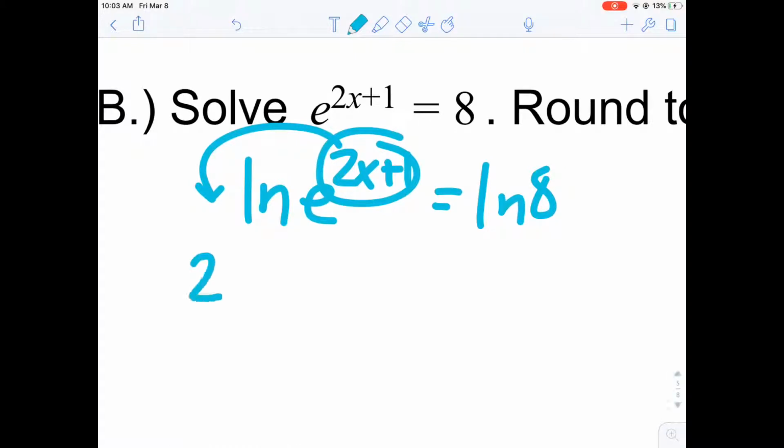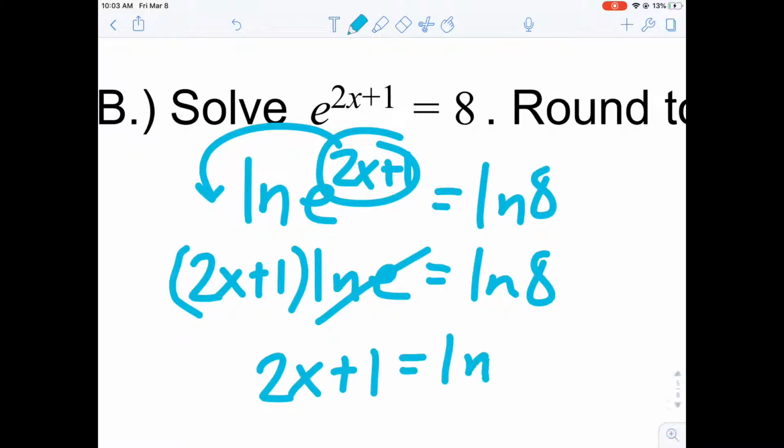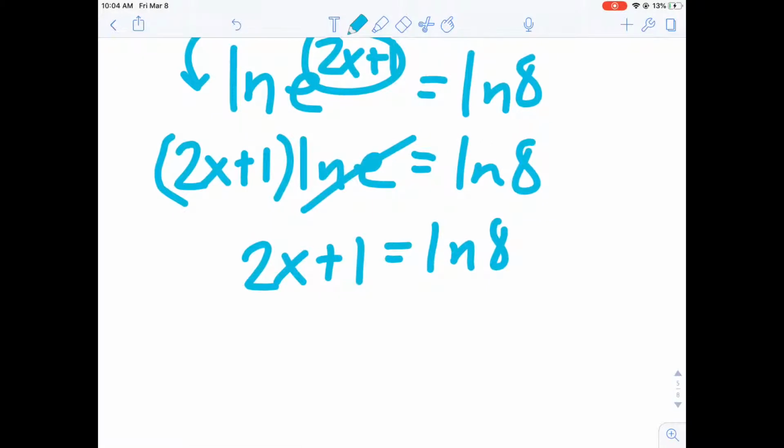So we would get 2x plus 1 times ln e is equal to ln 8. And the nice part here, the reason we chose to take ln of both sides, is because e and ln are inverses, and ln e just becomes 1, leaving us with 2x plus 1 is equal to ln of 8.